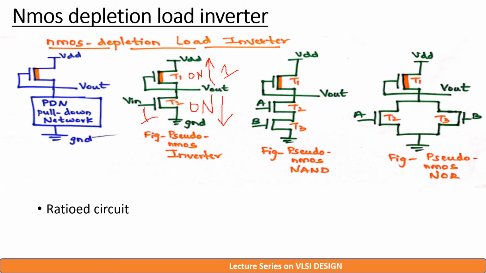Since input is 1, required output is 0, but since pull up and pull down sections are on, the output will be VOL. So hence output depends on both pull up as well as pull down section. Hence these circuits are termed as ratioed circuit.